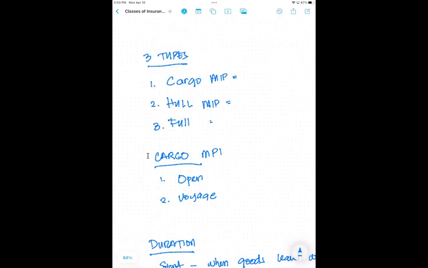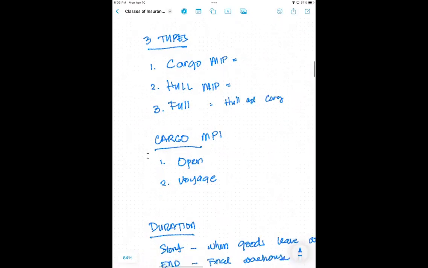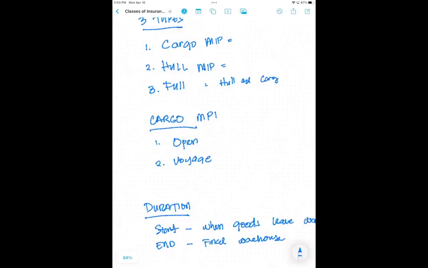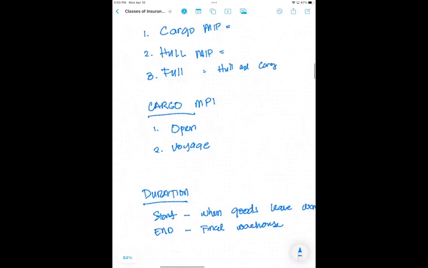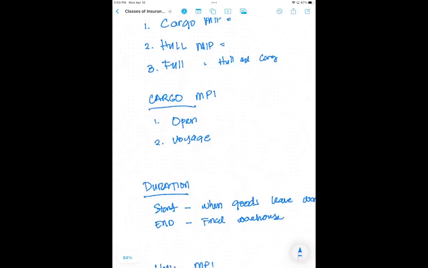And when we say full, this is insurance coverage for both the hull and the cargo.